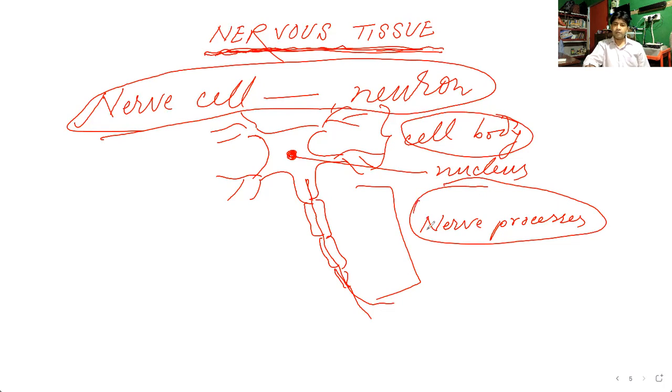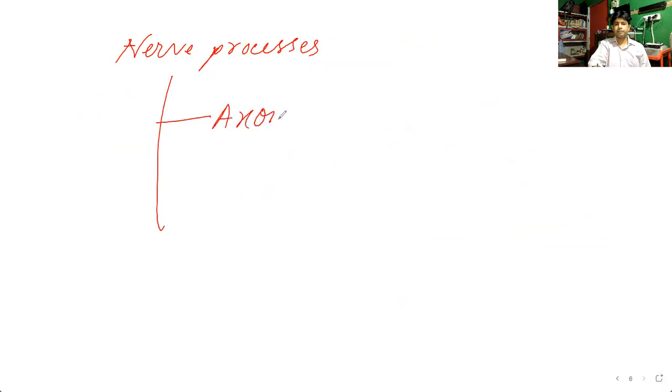And the nerve processes, two types of nerve processes we are getting. One is the axon and one is the dendrite.